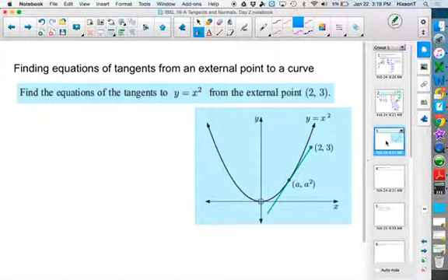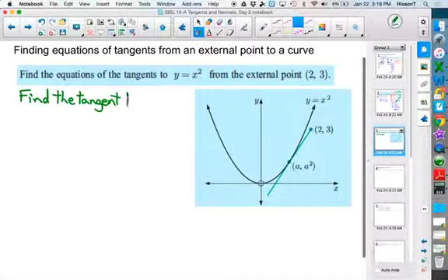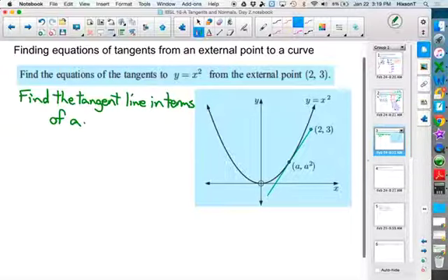Let's think about our process. First of all, let's think about our tangent line. And let's find the equation of this line in terms of A. So find the tangent line in terms of A. How would we do this?